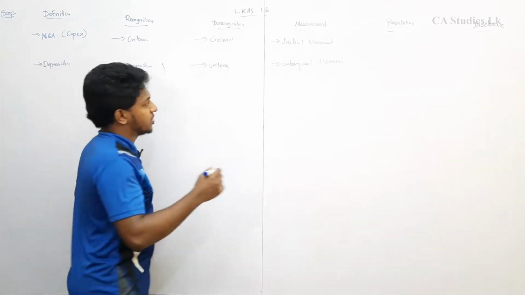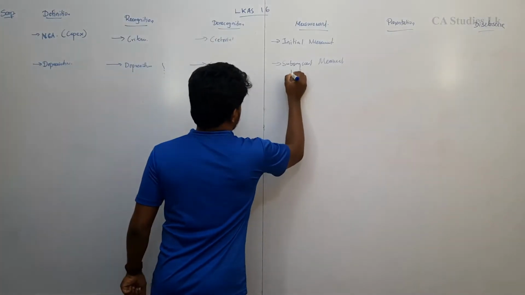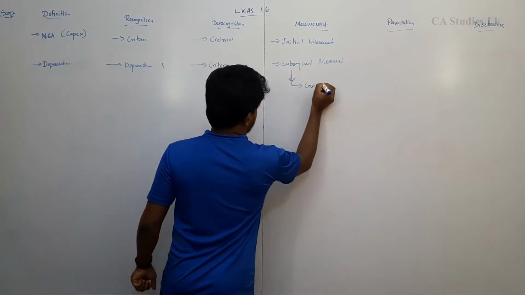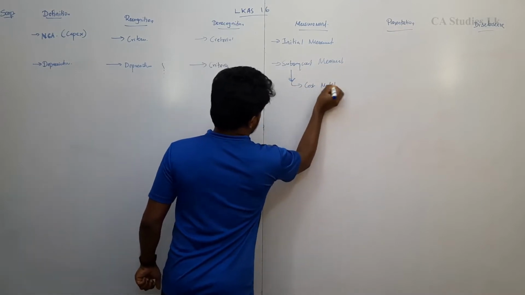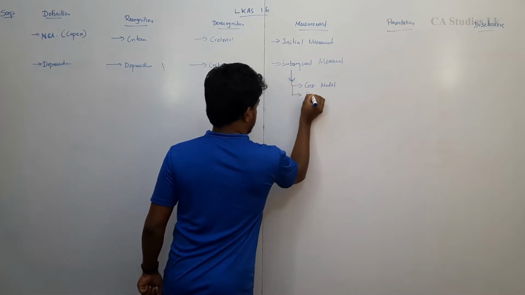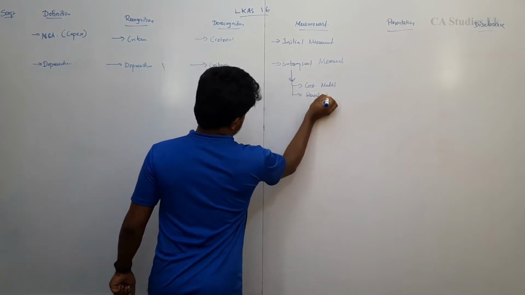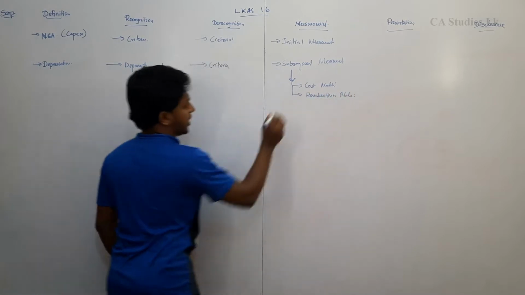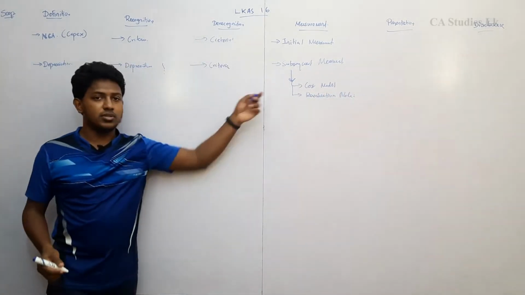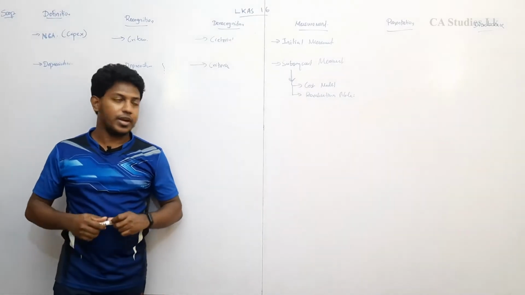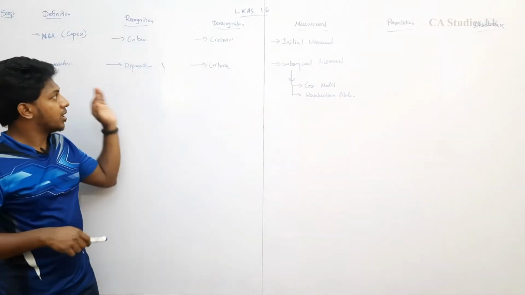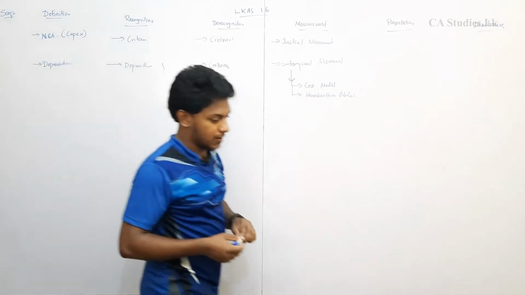So for subsequent measurement, there are two types: first one is the cost model, second is the revaluation model. What is the criteria? If the cost model is used, what is the accounting treatment? If the revaluation model is used, what is the accounting treatment? Let's see one by one.